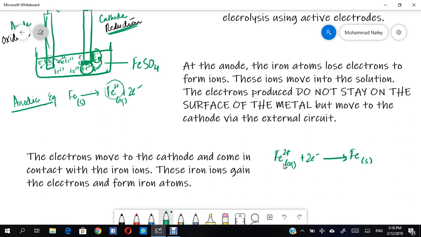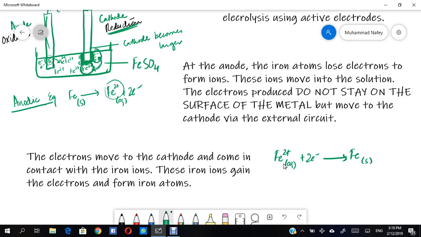As more and more iron ions move to the cathode, there will be more and more iron depositing at the cathode, and therefore the cathode becomes larger. Whereas what will be happening at the anode?